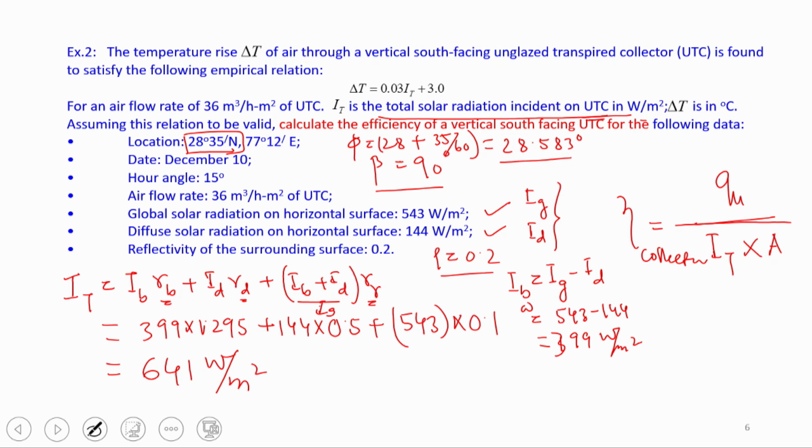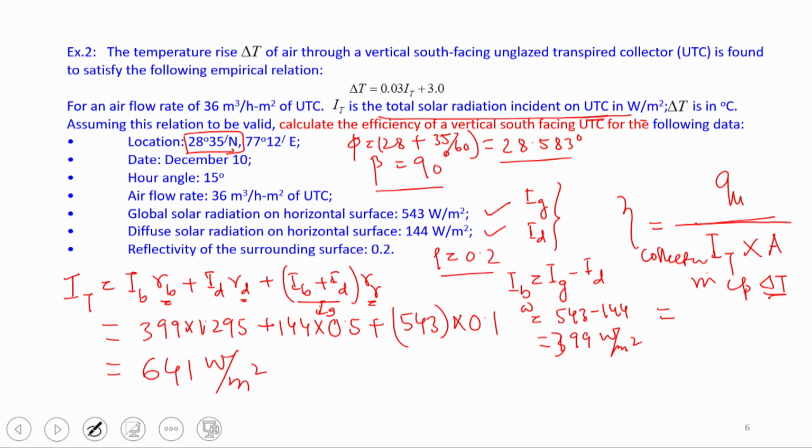So what is the area value here? Okay, area is given. QU is m dot Cp dT.